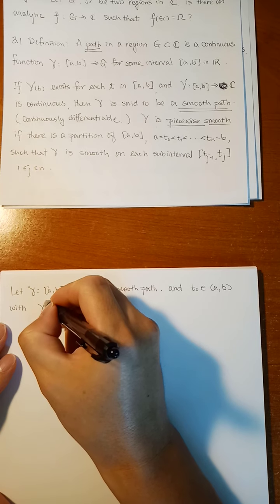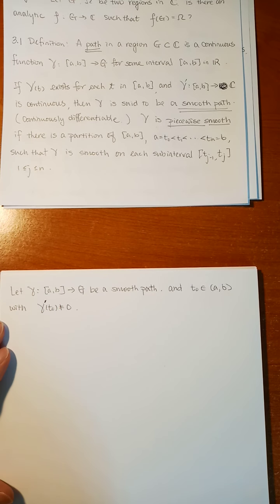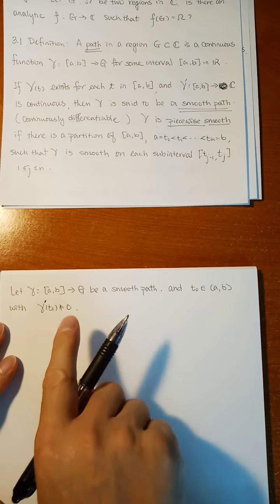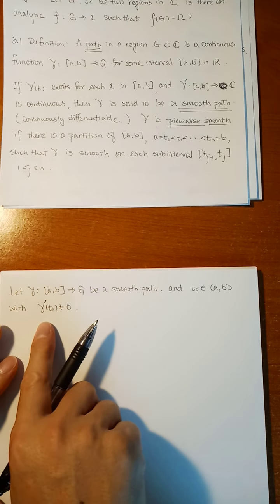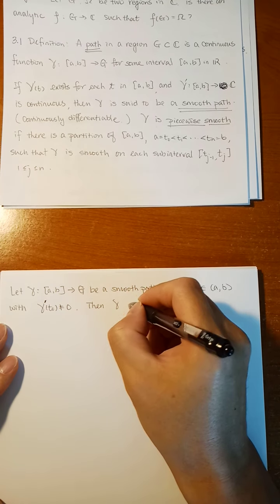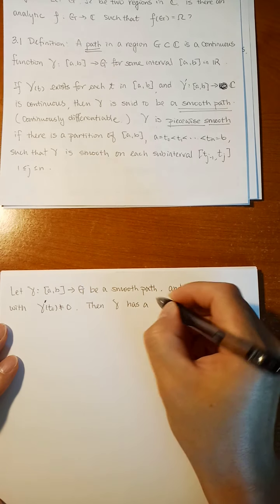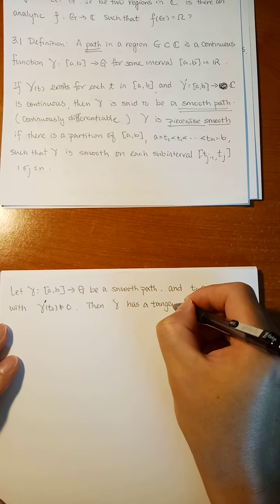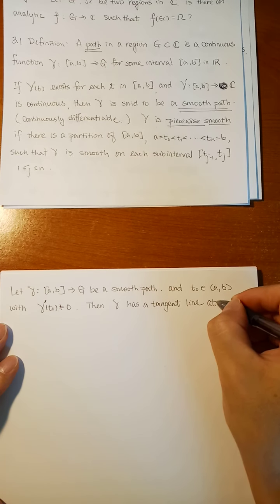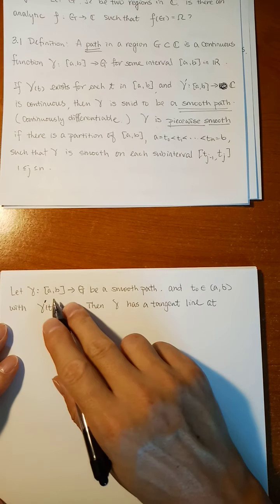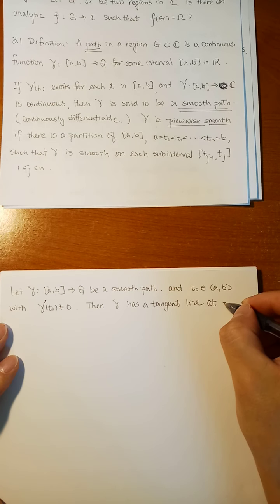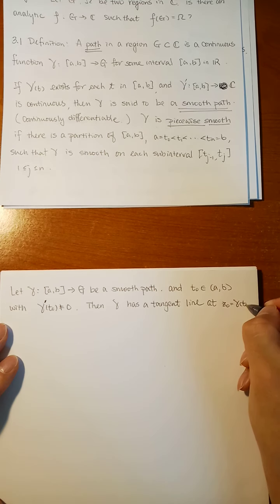Okay, so we don't have a zero complex number. If you do not have a complex number zero, then gamma has a tangent line at the point in G, z_0 equal to gamma of t_0.